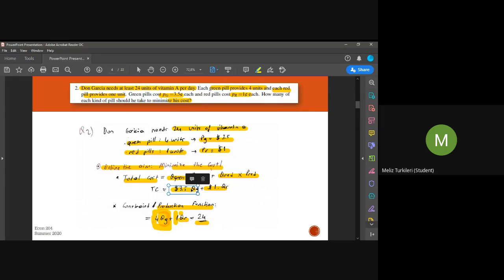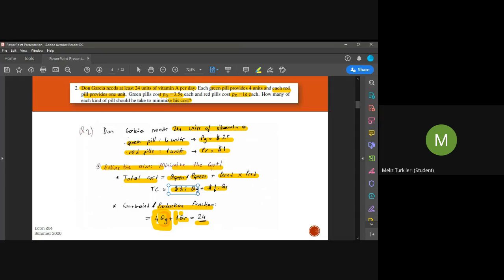Let's assume that you didn't use any green pill. Then you can argue that your total cost should be equal to the quantity of red pill because the price of the red pill is equal to 1.